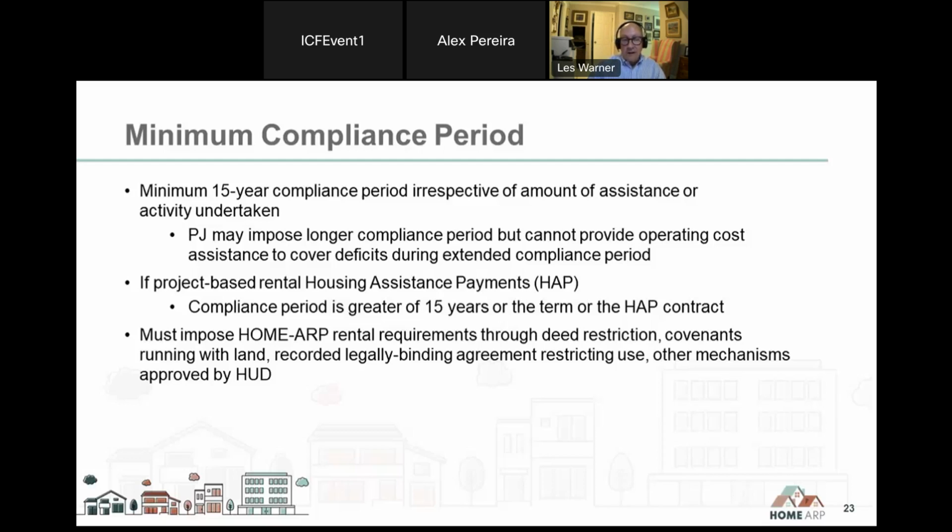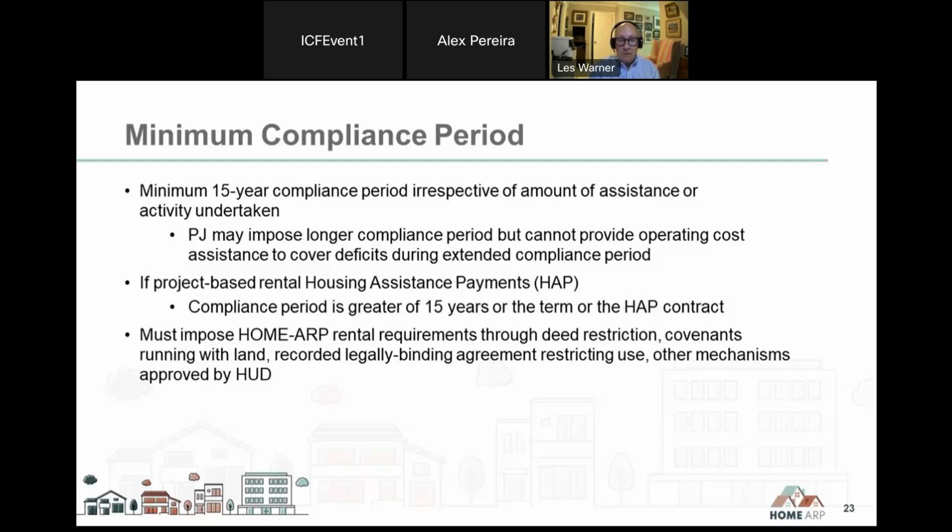Now, I would anticipate that a lot of our HOME-ARP projects, instead of perhaps using operating cost assistance, have project-based rental assistance payments in place. And so in that case, that compliance period is going to be the greater of either that 15 years that's a minimum for HOME-ARP, or if we have a HAP contract, let's say it's for 20 years, then our compliance period is going to be set at the greater of those two, so it'll be 20 years for that project.